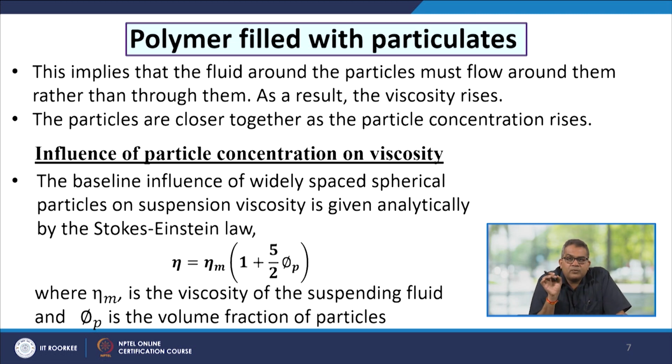The baseline influence of widely spaced spherical particles on suspension viscosity is given analytically by the Stokes-Einstein law, that is, eta is equal to eta m into 1 plus 5 over 2 phi p, where eta m is the viscosity of the suspending fluid and phi p is the volume fraction of particles.